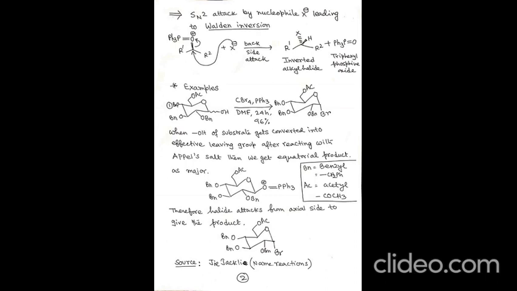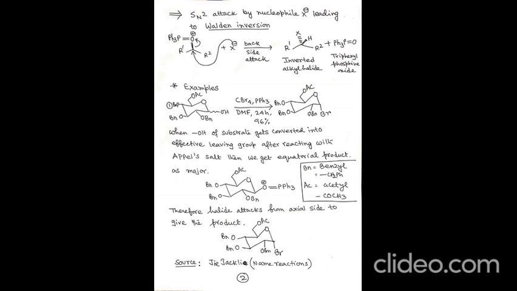Now there are various examples by which primary alcohol as well as secondary alcohol can be converted into the alkyl halide, mainly chloride and bromide. And if that center is chiral, in that case this reaction, the Appel reaction, proceeds with inversion of configuration.